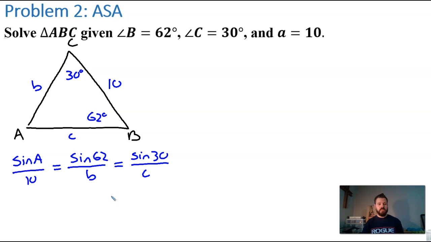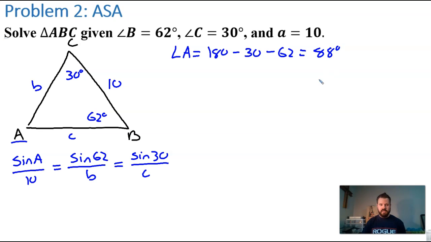Okay, now what you notice with this one is right off the bat, I don't have any fraction that's filled in all the way. So I can't use the law of sines yet. What I actually have to do first with this one is figure out what angle A is. Once again, we can just subtract from 180. We can say that angle A is equal to 180 minus 30 minus 62, which gives us 88 degrees.